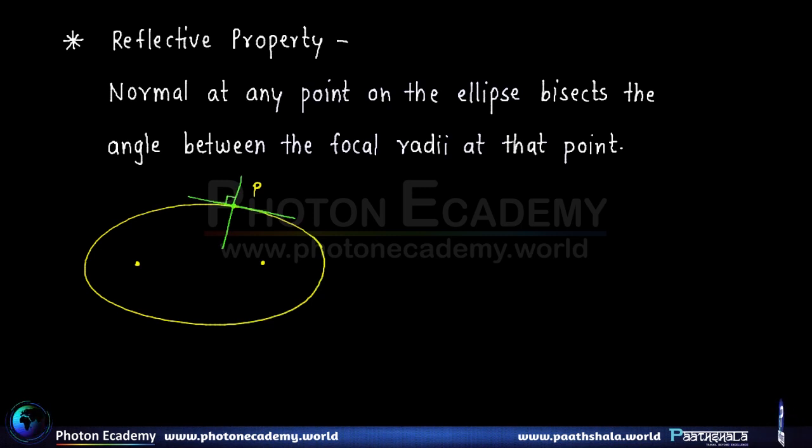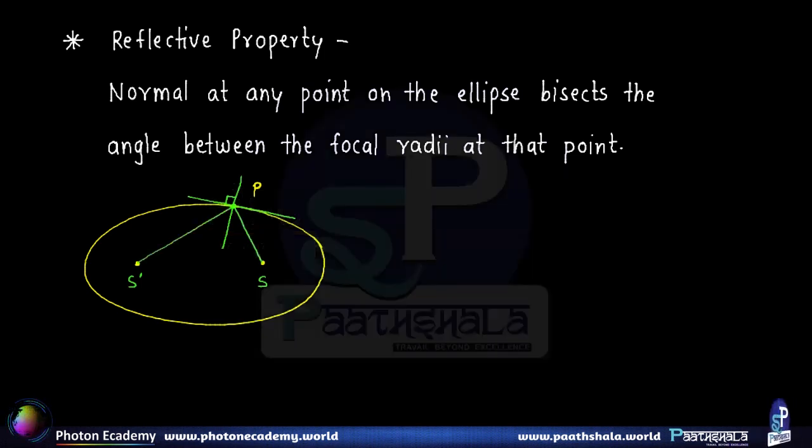Now if we join this point with the 2 foci S and S dash, the normal bisects the angle S dash PS. That's the meaning of this property. So for any point, the normal at that point will always bisect the angle between the focal radii.